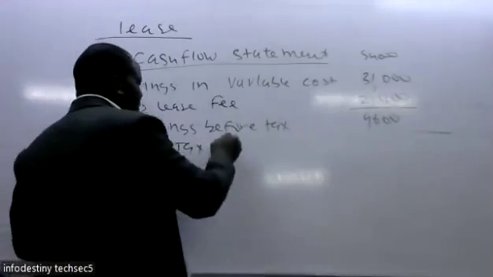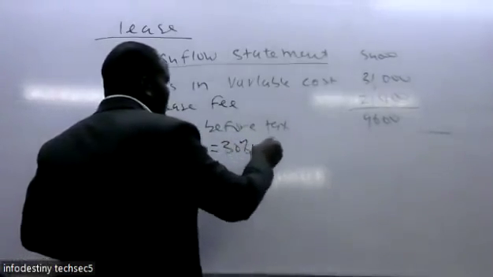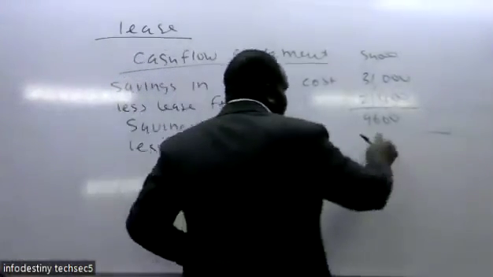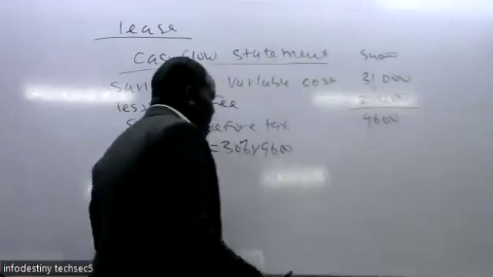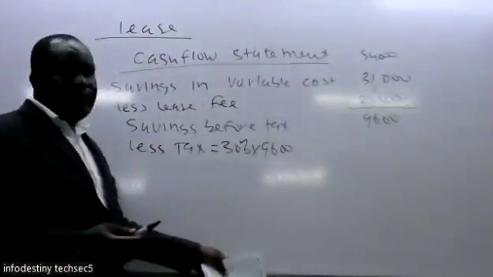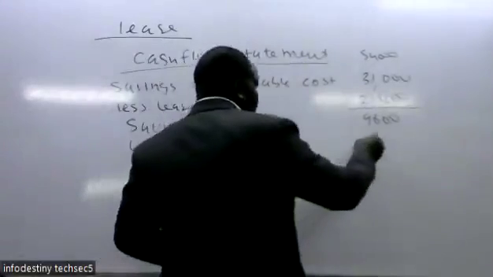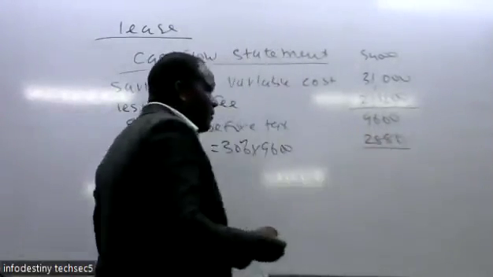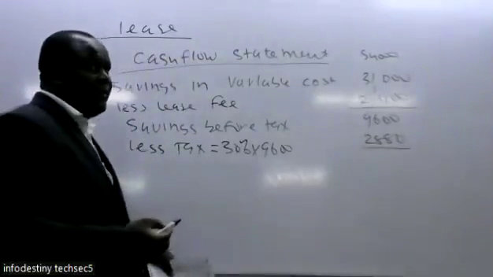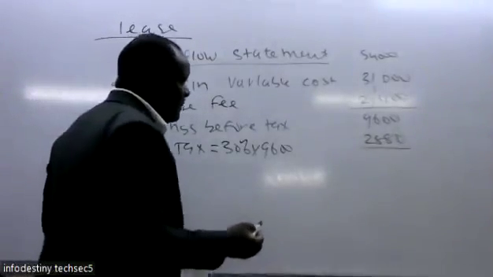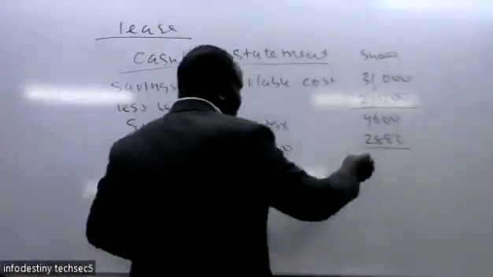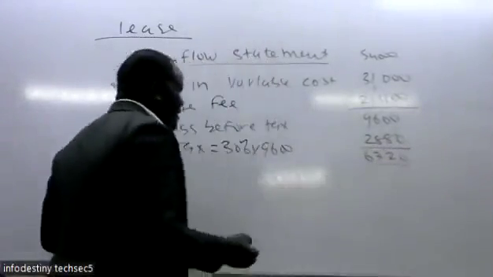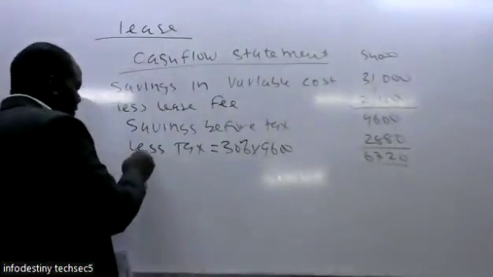So the tax is 30% of the 96. It's 30% of the 96, 28. So that we now get 67. So that is now our savings.